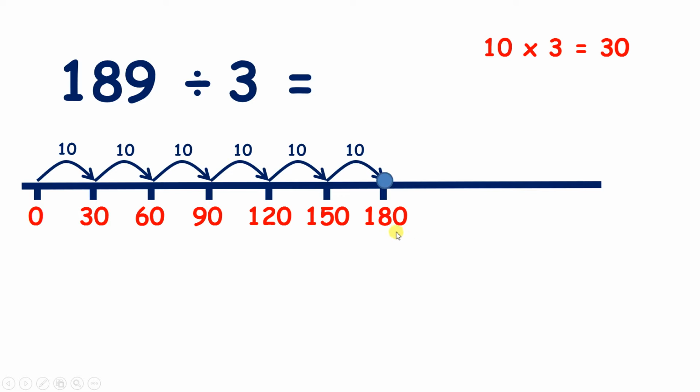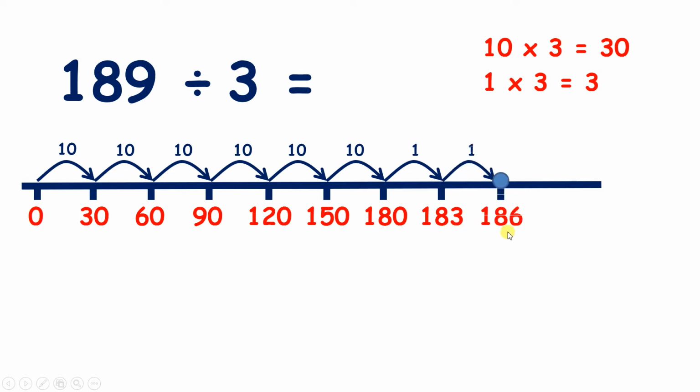So what do we need to do now to reach 189? We can count on in steps of 1 times 3, so in steps of 3, and that gives us 183, 186, 189.